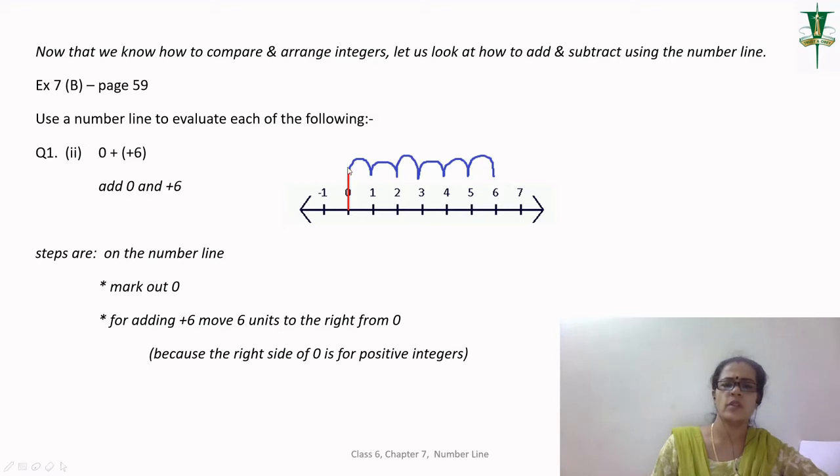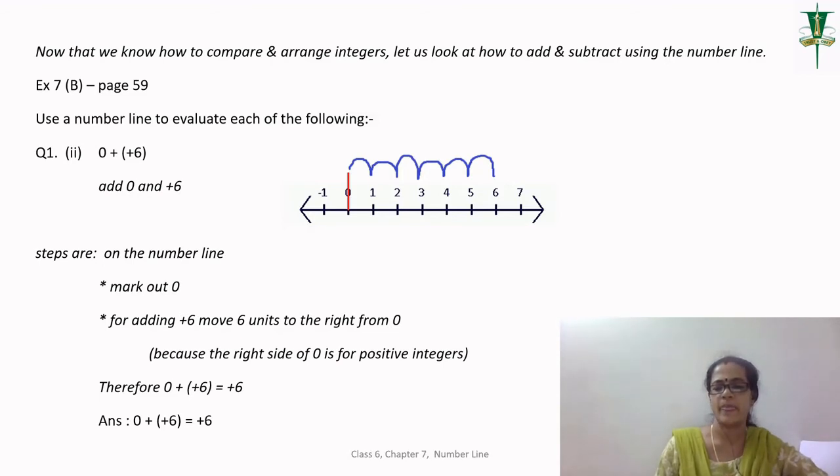That is from 0 here, 1, 2, 3, 4, 5, and 6 units to the right, because the right side of 0 is for positive numbers. And where do you land up? You land up at 6, which is plus 6. So your answer to 0 plus of plus 6 is plus 6.